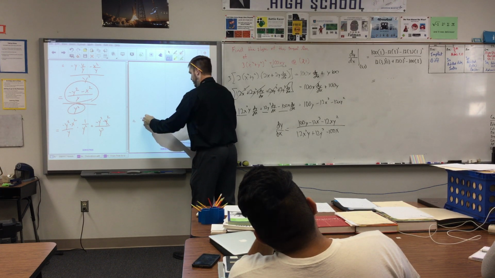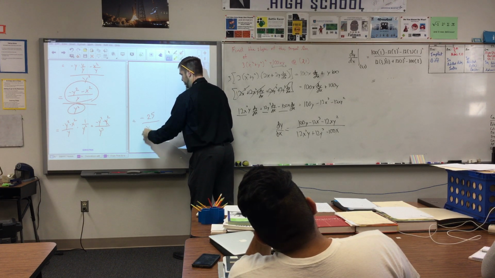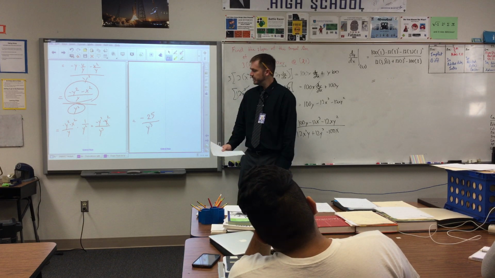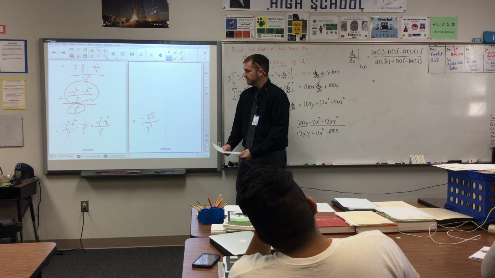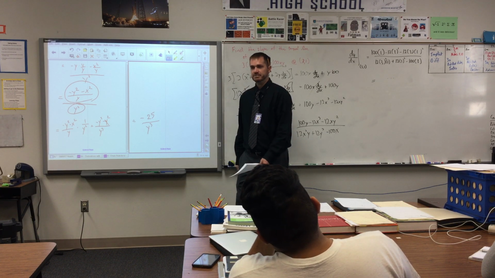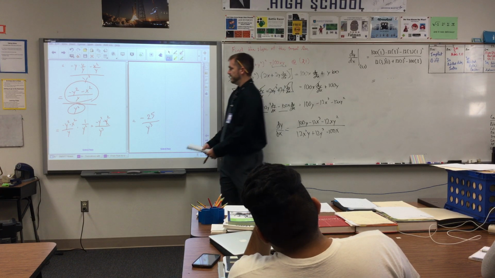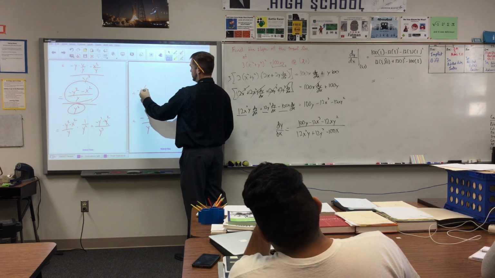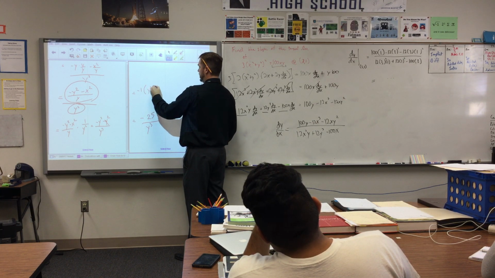Negative 25 over y cubed. You're like, how do you turn negative y squared minus x squared into negative 25? Answer, you factor out a negative 1 and realize that you have y squared plus x squared.